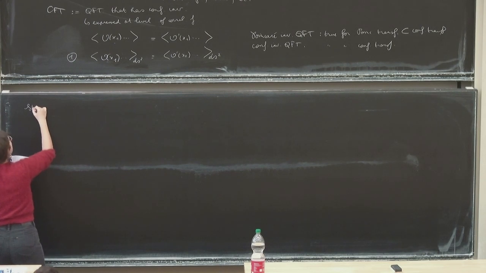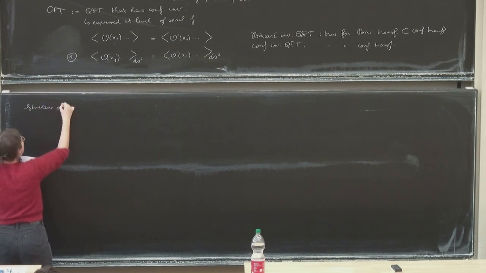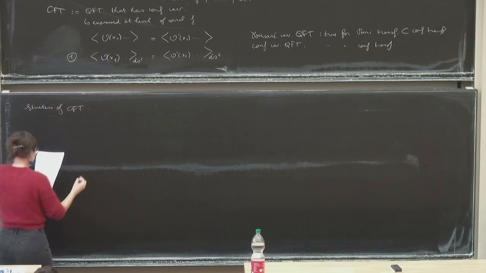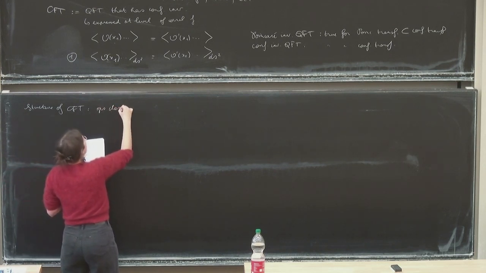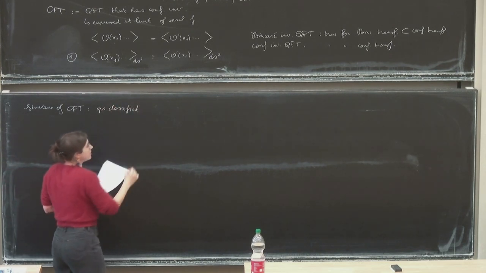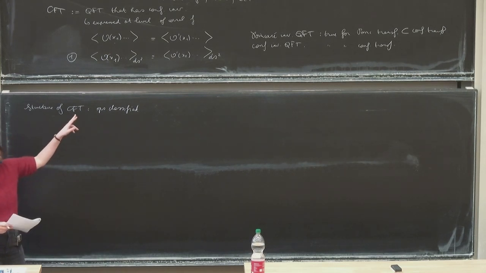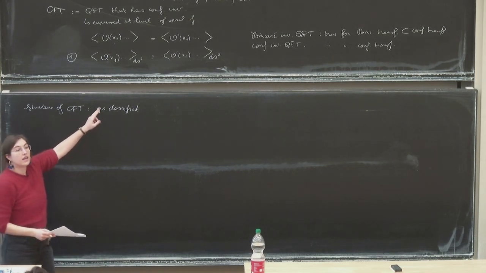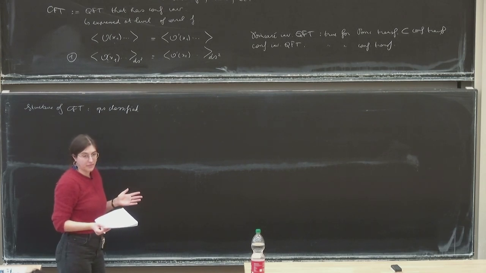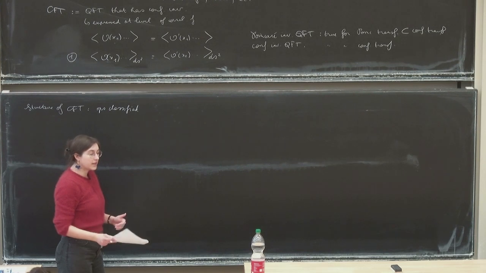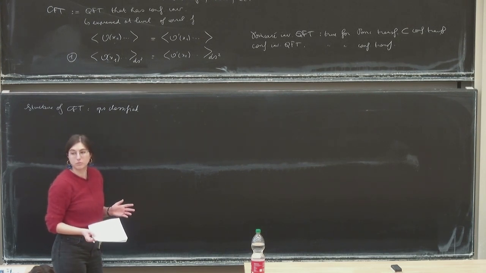Okay, now, the structure of CFTs is such that the operators can be classified in terms of a special class of operators called primaries. Primaries are basically operators that you cannot write as derivatives of other local operators.